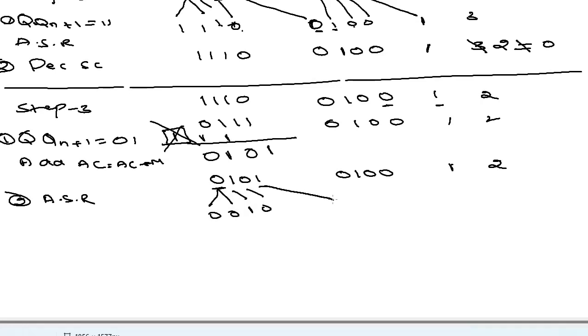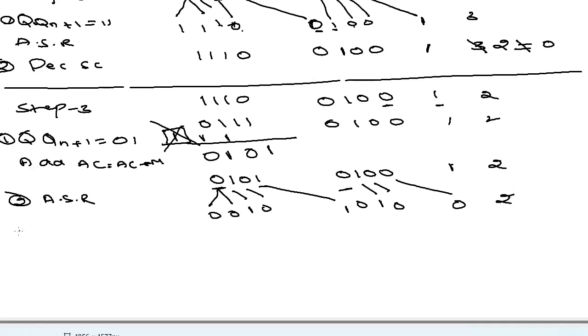This one is moved to Q, that means 1 0 1 0. This value is moved to here, 0 and 1. Sequence counter value is 2.